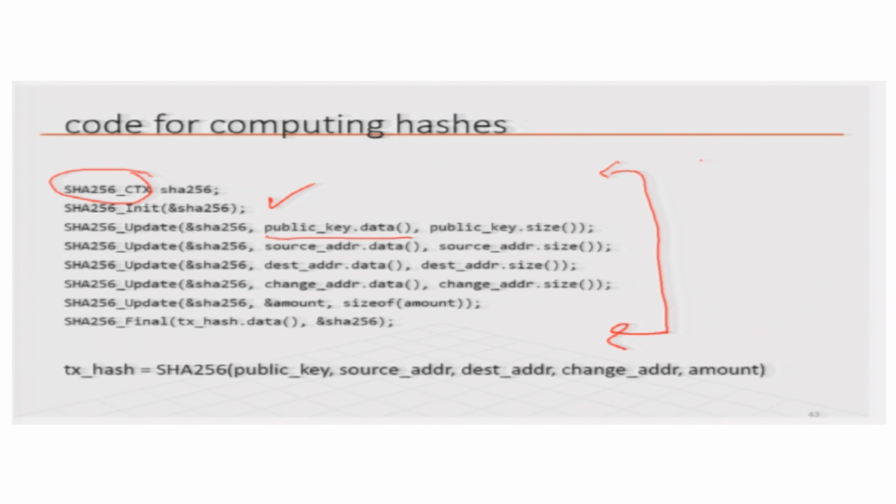Your data structure has this public key, you have the sender address, you have the receiver address, the change address, the amount, and the signature. Well, signature is not part of the hash. So, what you are doing is that you are telling the size also, and then you are adding one by one and updating the SHA hashing process, and eventually what you get is the transaction hash.